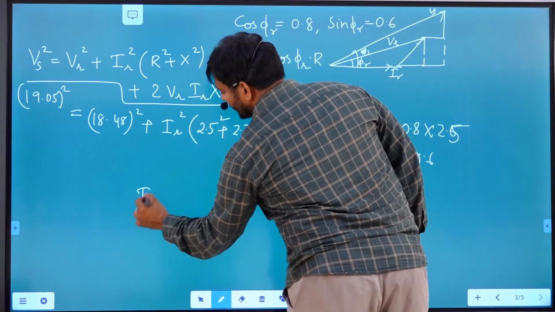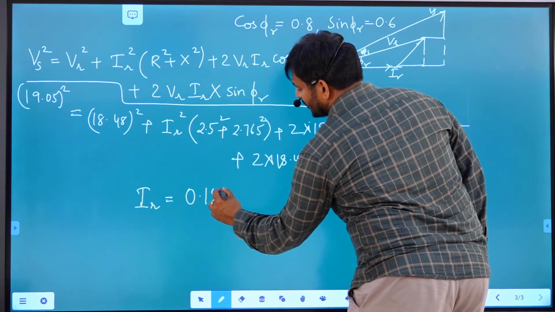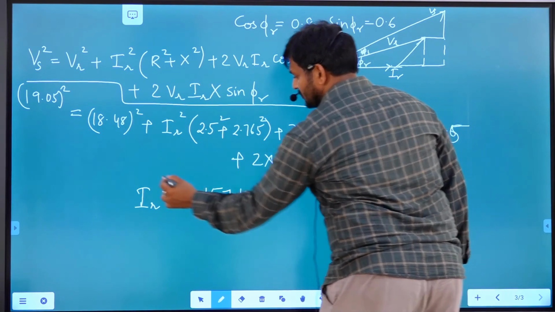Upon solving this you will get 0.157 kilo amperes.